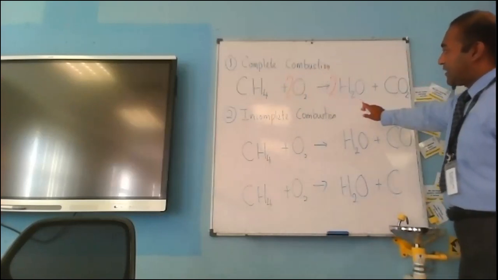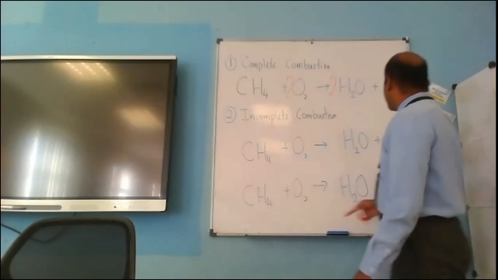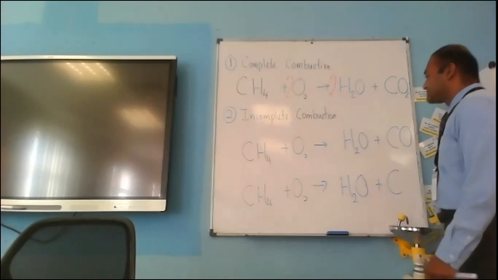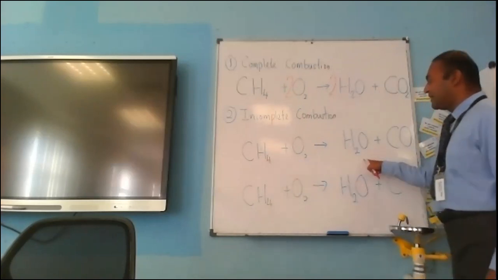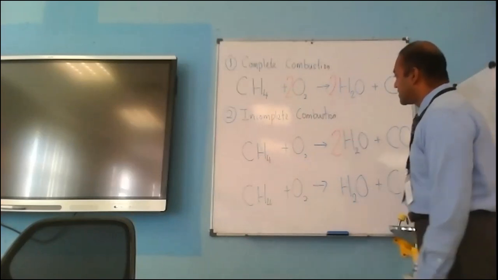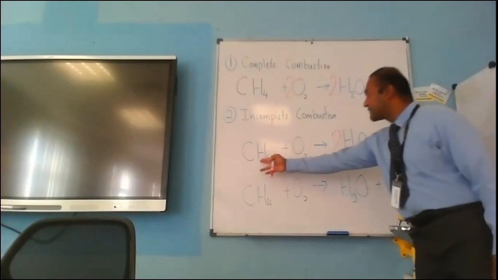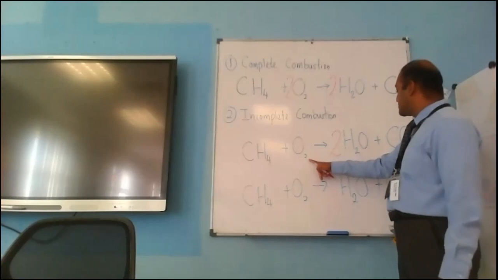Now, let's look at incomplete combustion. We have 1 carbon, we have 1 carbon. Okay? We have 4 hydrogen, we only have 2 hydrogen. So I'm going to put a 2 here. So now we have enough carbon and hydrogen. Now we have 2 oxygen here.